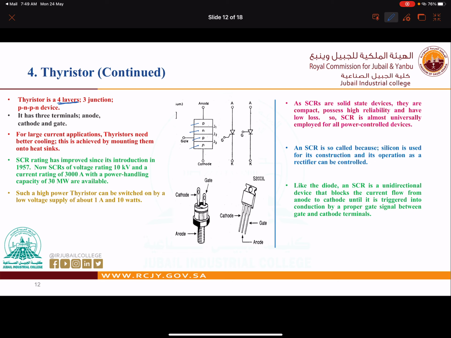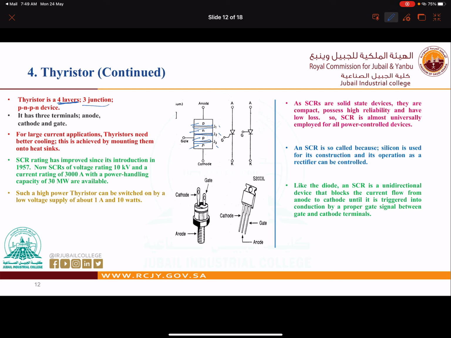How many junctions? We have 3 junctions. This is junction number 1 between P and N. Here we have junction number 2 between N and P, and here we have junction number 3, which is between P and N. So J3, J2, J1.